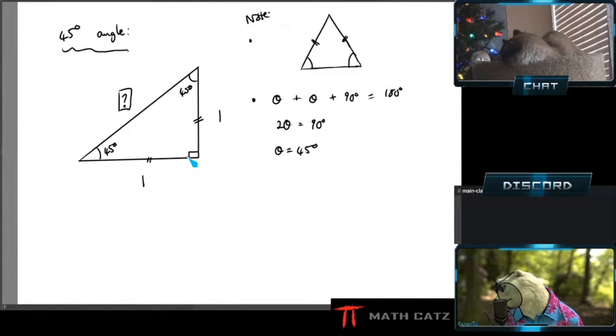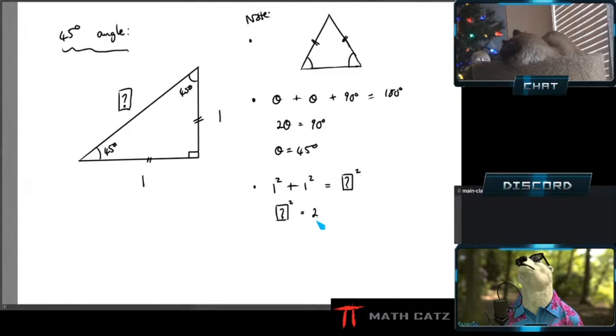Okay, so the angles are done. Let's just figure out this other hypotenuse side. Well, the sum of the squares of the perpendicular sides equals the square of the hypotenuse. So I have the square of question mark in a box equals 1 plus 1, which is 2.